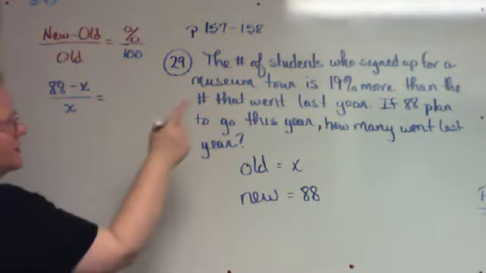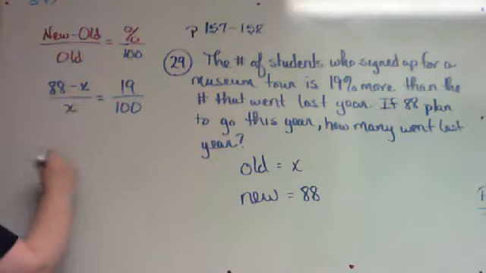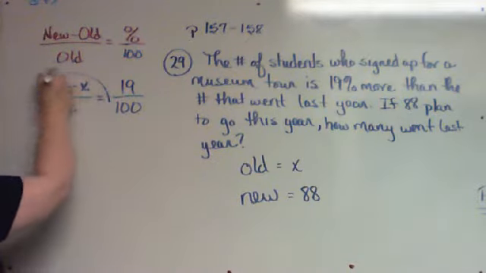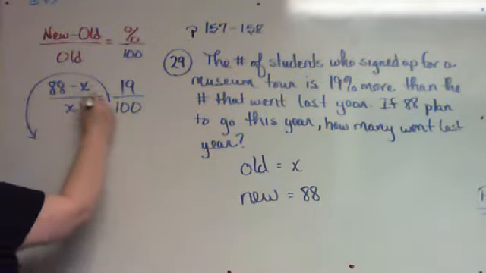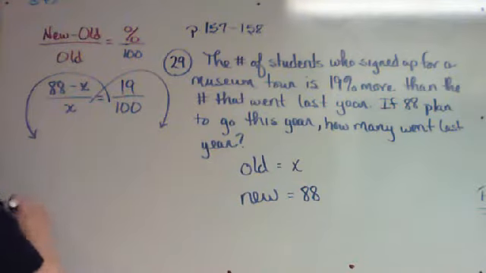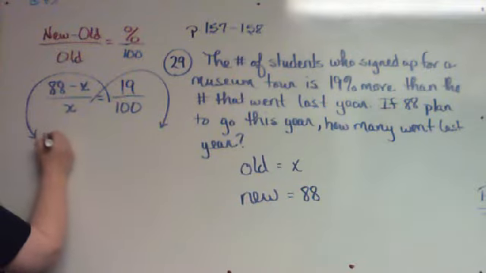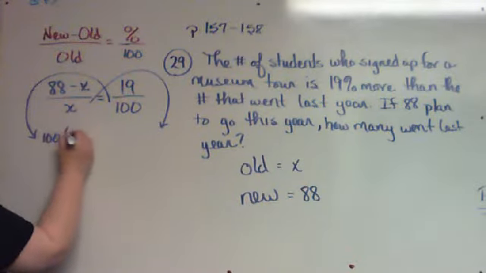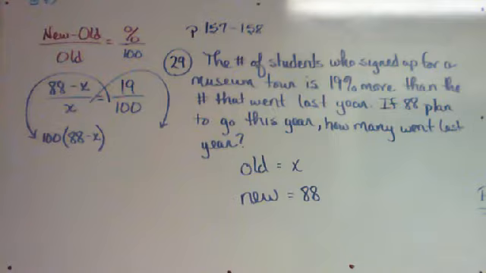We can't do 88 minus X. So since I can't do 88 minus X, I'm going to go ahead and have to cross multiply here. Which means I'm going to have 100 times 88 minus X. And I got to put parentheses around it so I make sure it gets multiplied by the whole piece.